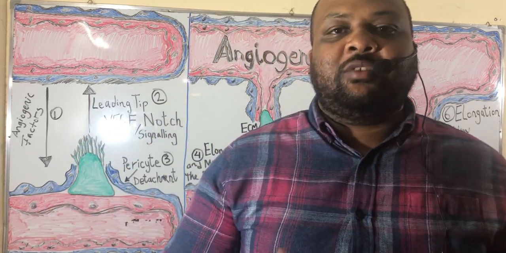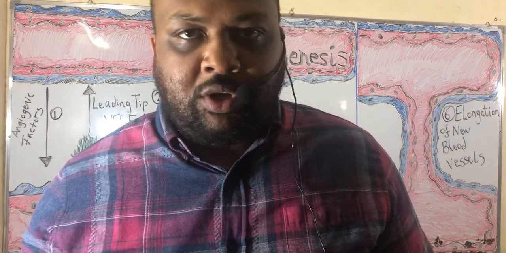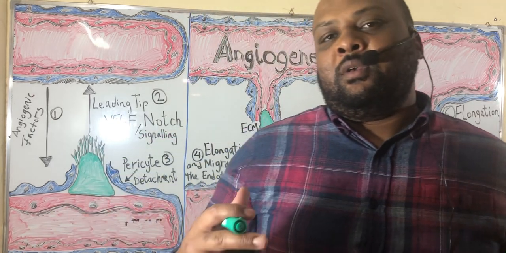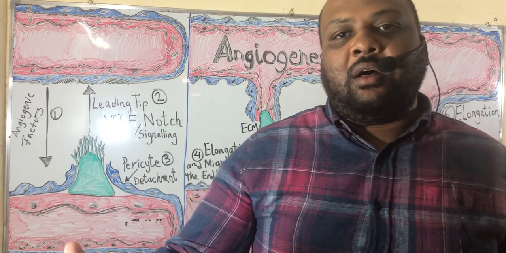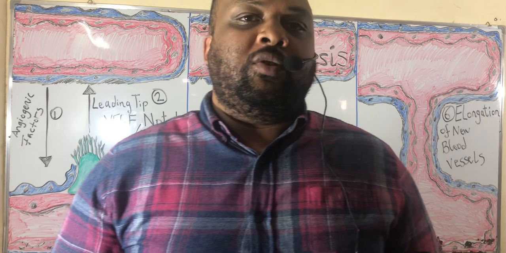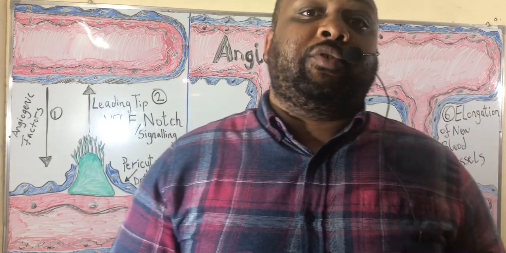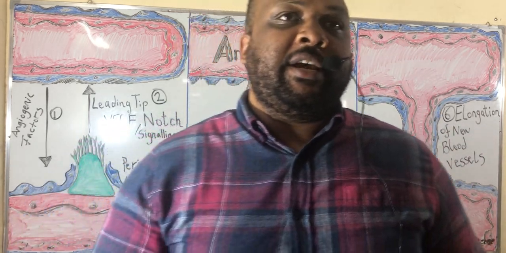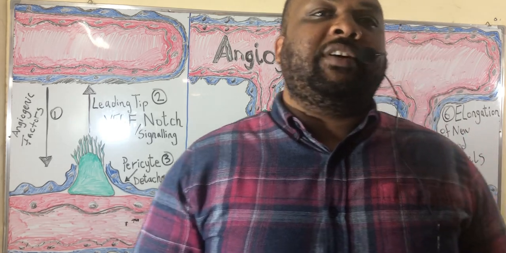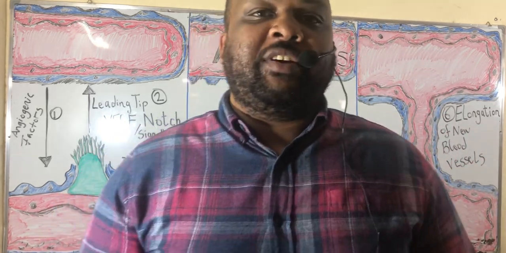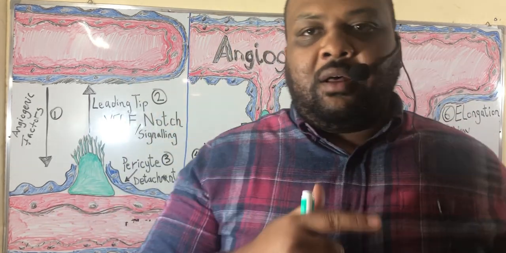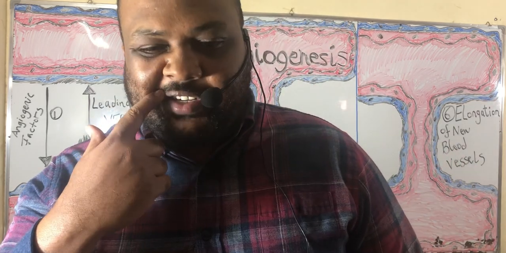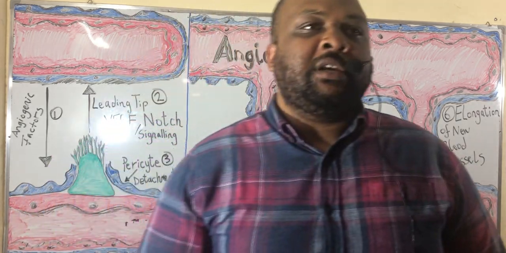From that blood vessel, we then move on to creating the other blood vessels. So that's the very important criterion for you to understand what angiogenesis is. It's the making of blood vessels, the sprouting of blood vessels from other blood vessels. That's the first thing to understand.